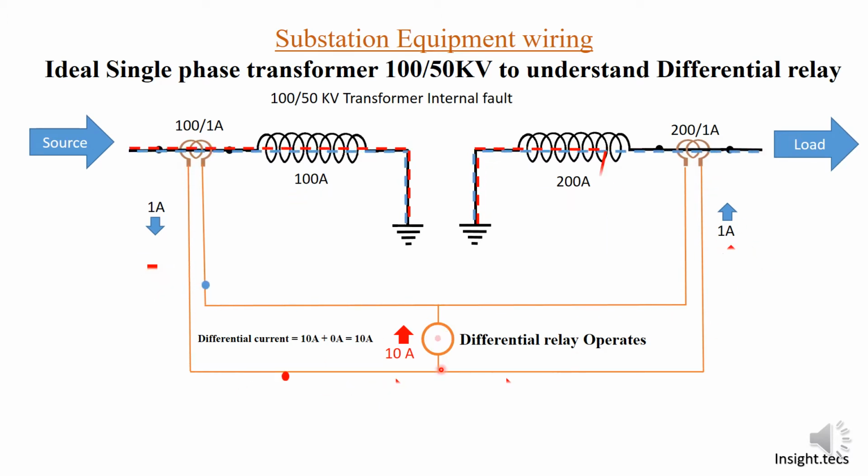So there is a difference of current in magnitude and phase as well. This 10 amperes passes through the differential relay directly instead of coming through the secondary of the transformer. So you can see there is a differential current of 10 amperes, and this is responsible for the operation of the differential relay on this transformer.